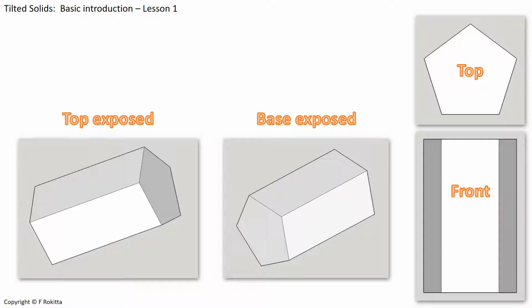Just want to emphasize that the top part of our prism is over here, and here is the base of our pentagonal prism. We are going to expose the top side in this drawing that we are going to discuss in the tutorial.